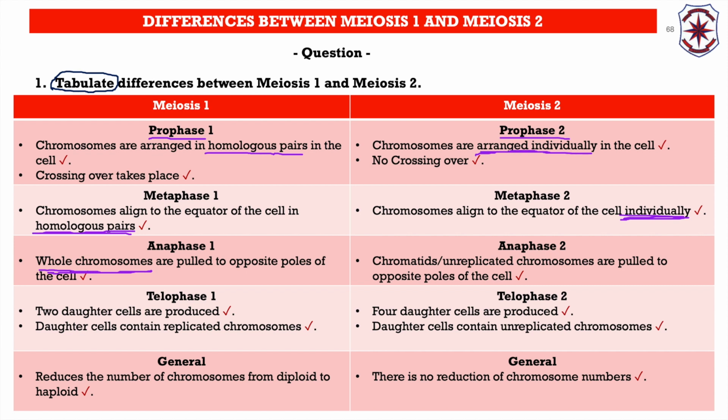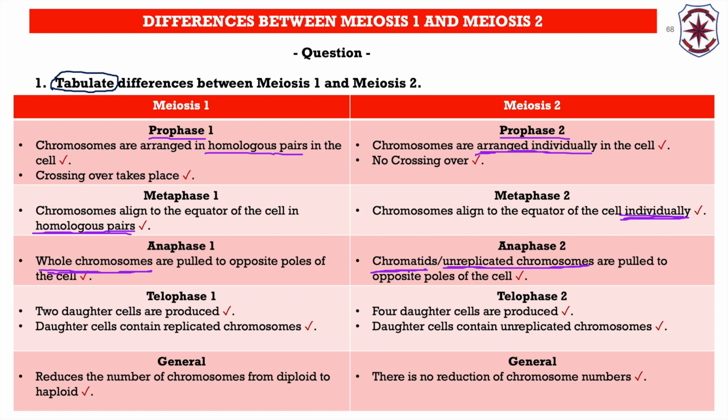However, in anaphase 2, chromatids are pulled to the opposite poles of the cell, or unreplicated chromosomes. When you say unreplicated chromosomes, that will also suffice. Unreplicated chromosomes or chromatids are pulled to the opposite poles of the cell. Remember that replicated chromosome splits, and chromatids or unreplicated chromosomes are pulled to opposite poles of the cell.